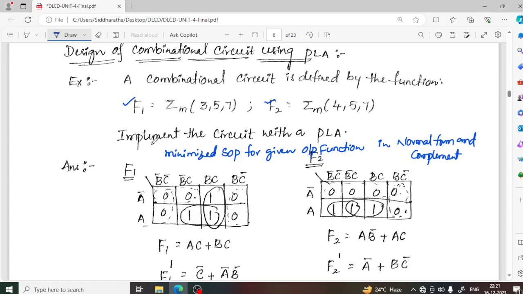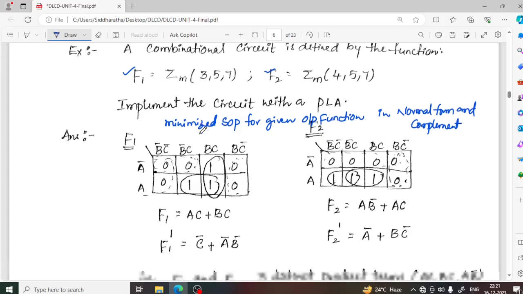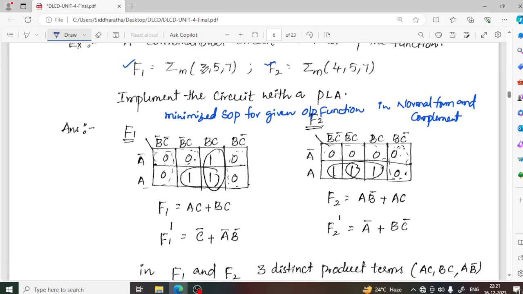So here F1 is the sum of minterms 3, 5, 7. You have to minimize the given function, so a 3 variable K-map you have to consider. 3, 5, 7 are filled with logic 1. Remaining cells are filled with logic 0. Similarly F2 equals sum of minterms 4, 5, 7. 4, 5, 7 are filled with logic 1, remaining all are filled with logic 0.